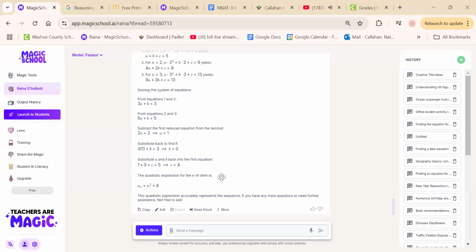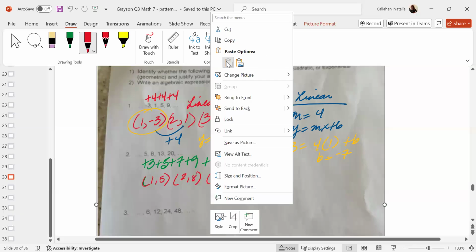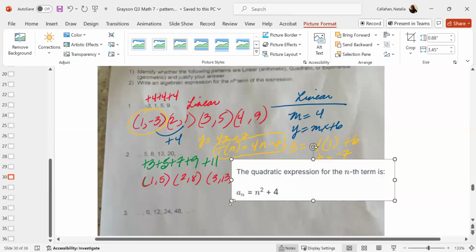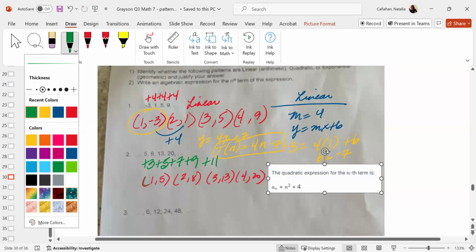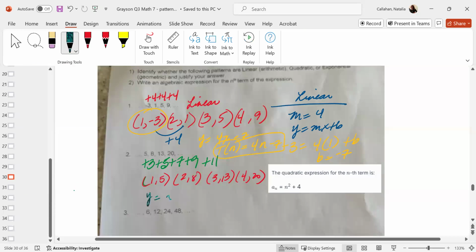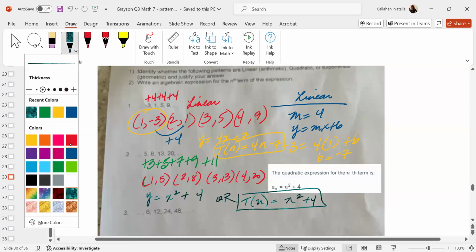All right. So when you go ahead and draw this, it is y is equal to x squared plus 4, right? Or if I do t of n, that's equal to n squared plus 4. This is your equation, okay? So like, what would be your next one?